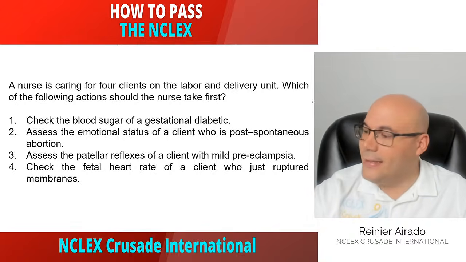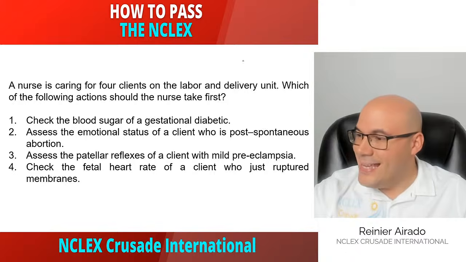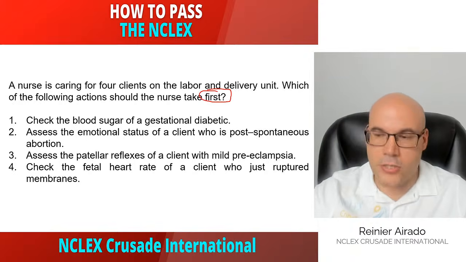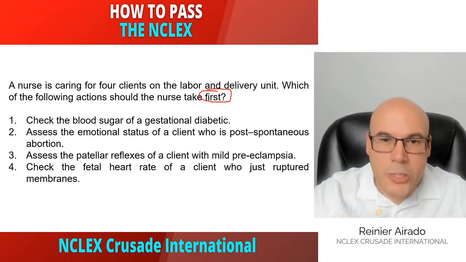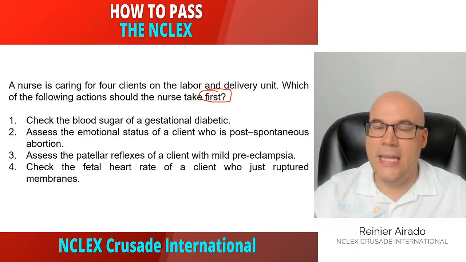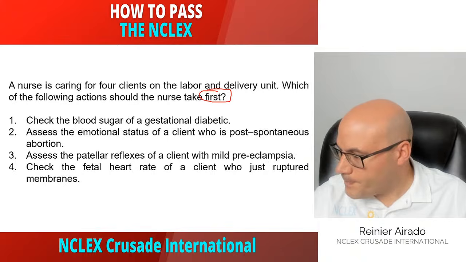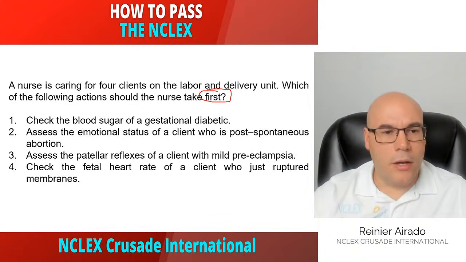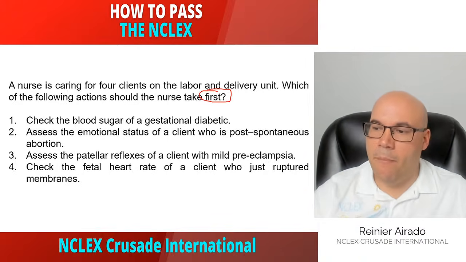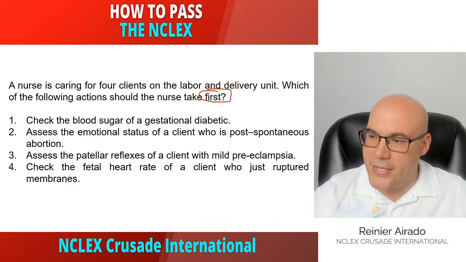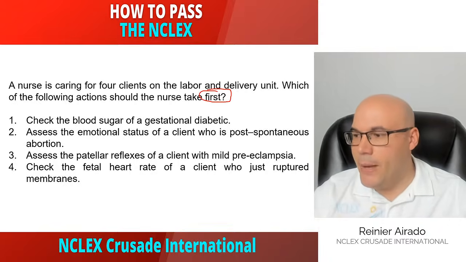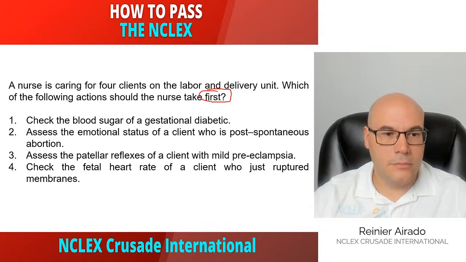And you have to identify what is the priority. What is my first action? Which patient will I see first? Answer number 1 says, check the blood sugar of a gestational diabetic client.